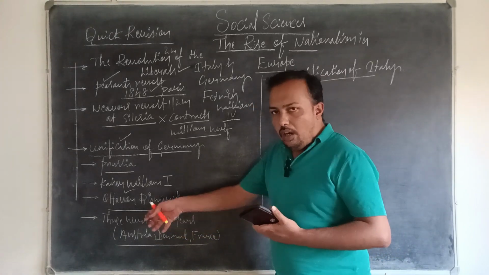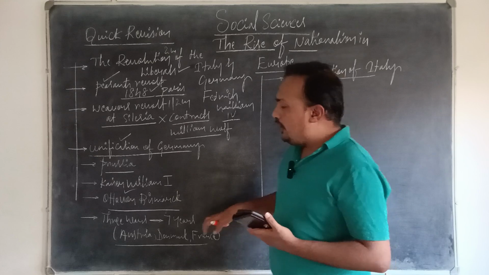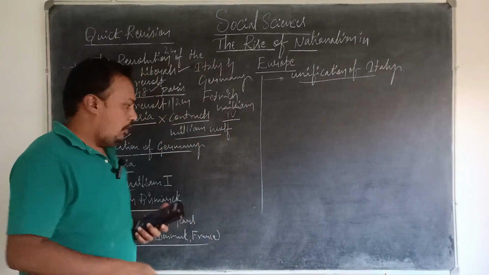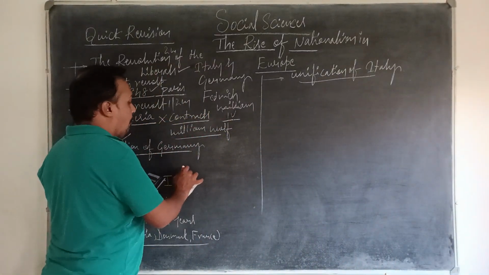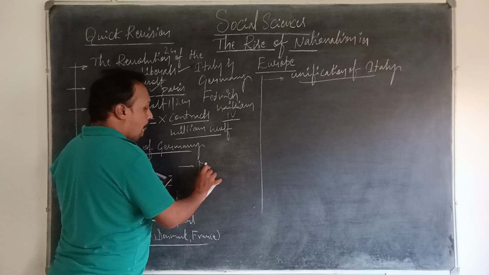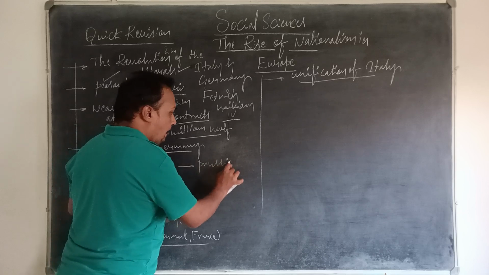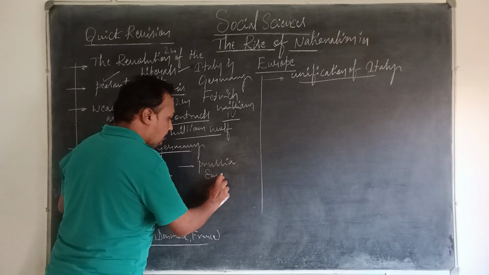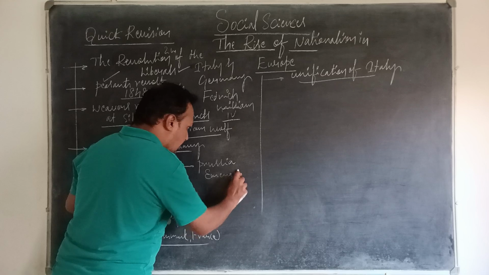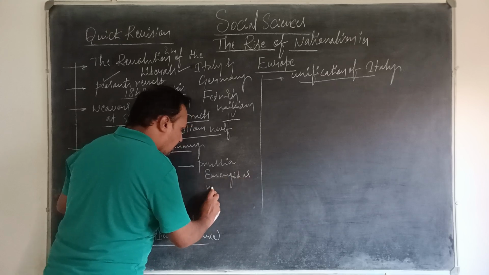What was the outcome of these 3 wars for the 7 years? Prussia emerged as victorious.